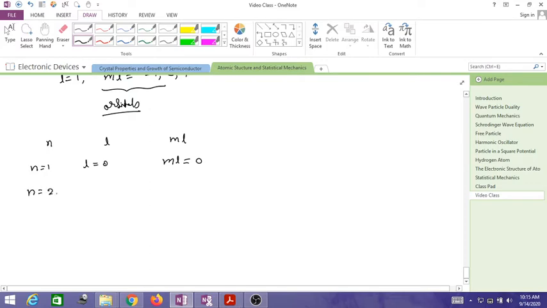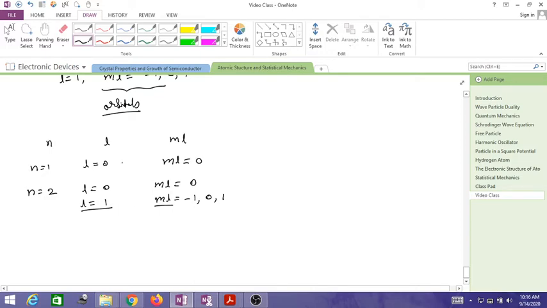When N is equal to 2, then L can take two values. One is 0, and the other is 1. For L equal to 0, ML can have a value of only 0, whereas with L equal to 1, ML can take a value of -1, 0 and 1.